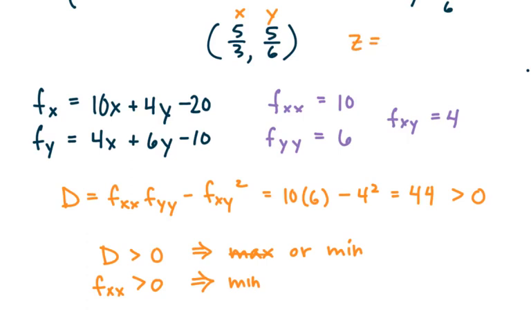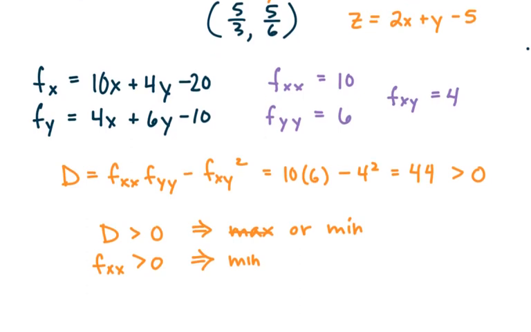Recall what z was equal to: z was 2x plus y minus 5. So my ordered triple here is 5/3, 5/6, and negative 5/6. That negative 5/6 is found by plugging this ordered pair into my z equation previously. So this is my point P: 5/3, 5/6, negative 5/6.